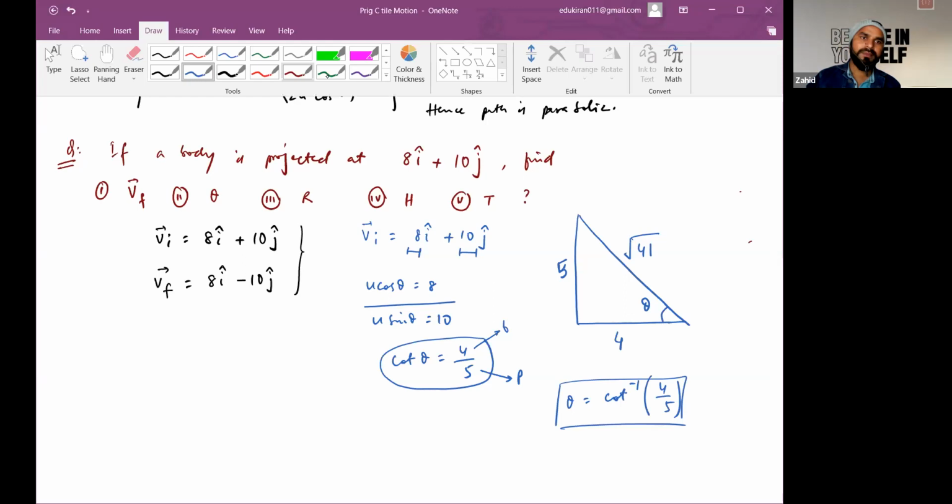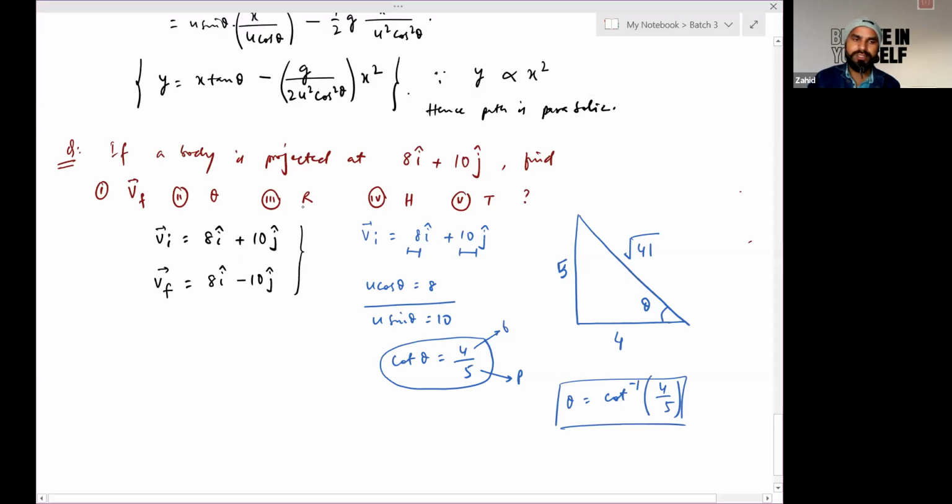Next, you have to find the range. The formula of range is u square times 2 cos theta into sin theta divided by gravity. So we have to find u first. If you put the value of theta in any of these equations, u cos theta is equal to 8.